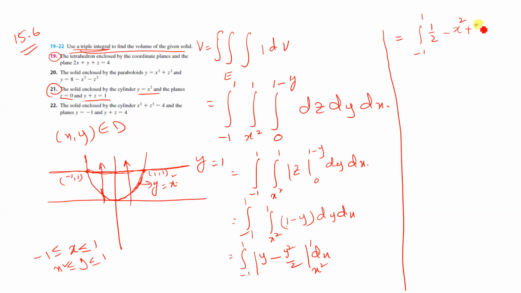And we have to integrate with respect to x. This is equal to half of x minus x cube by 3 plus x 5 by 10, and limits are negative 1 to 1. Now you can verify it yourself after plugging in the limits and some manipulations. We'll have 8 over 15. So that's all for today. Bye.